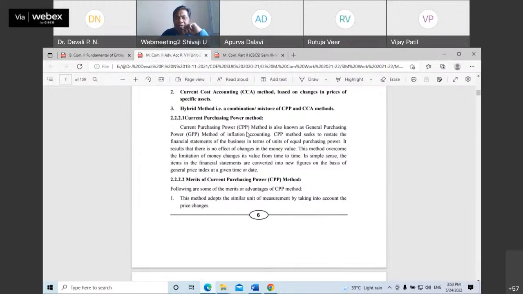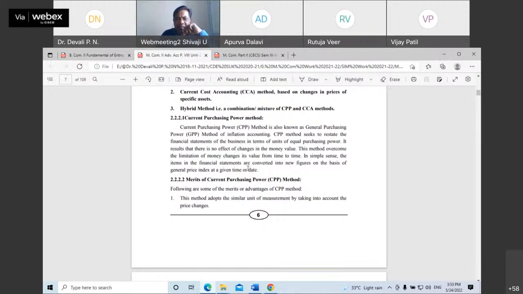So this, as we have shown earlier, can be considered the general purchasing power method. This particular method seeks to restate the financial statements of the business in terms of units of equal purchasing power.